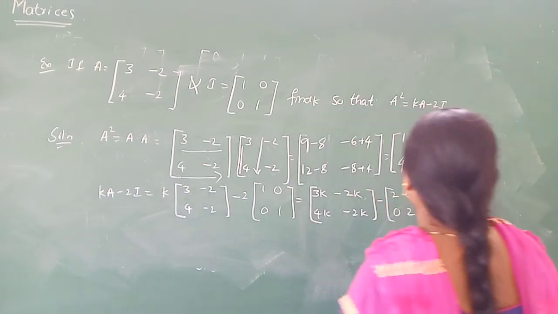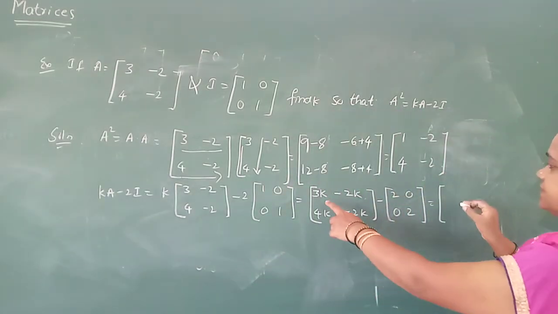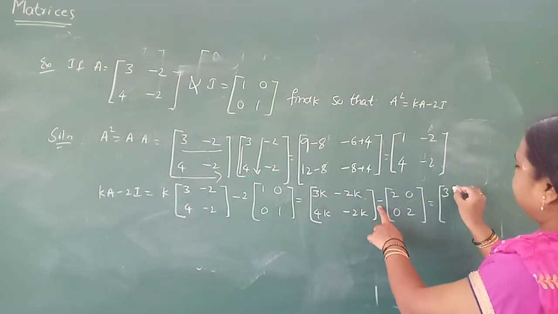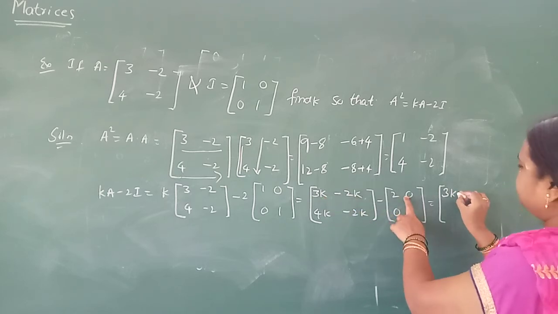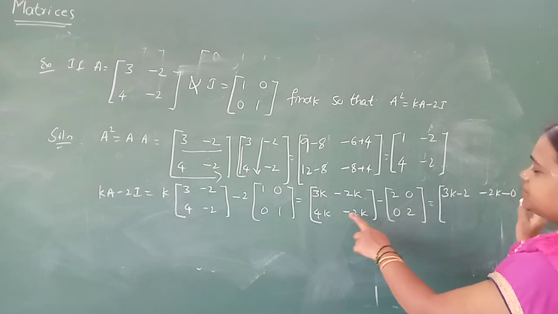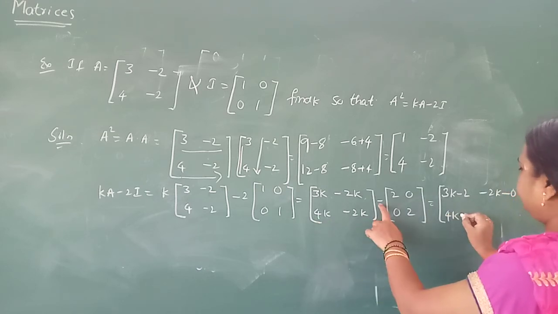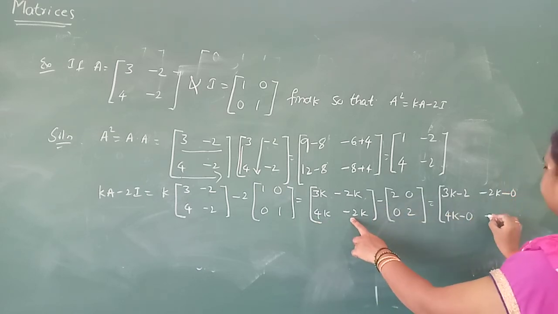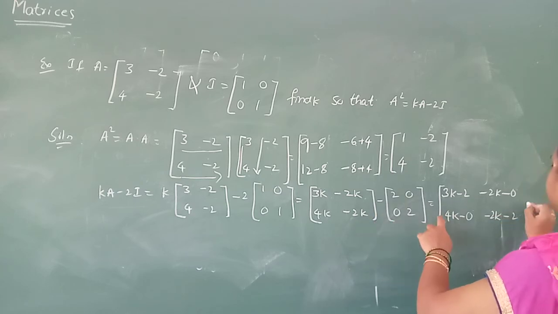Means we will get 3K minus 2, minus 2K minus 0, 4K minus 0, minus 2K minus 2.